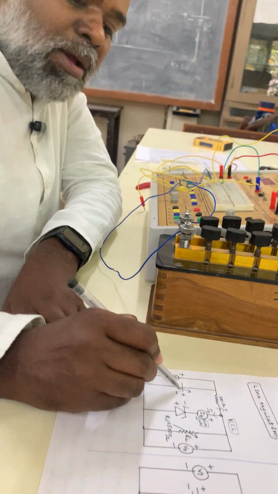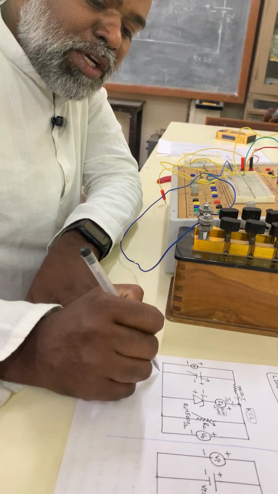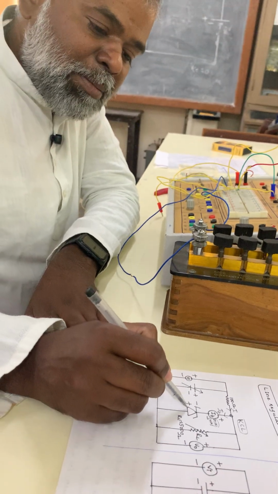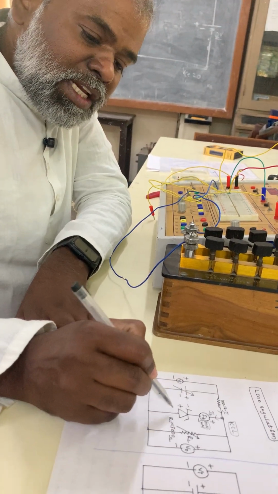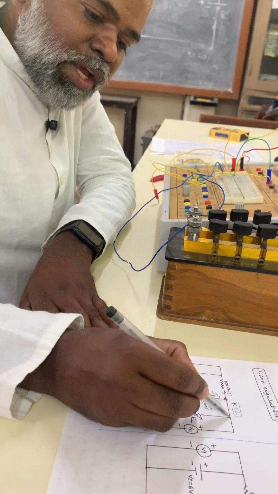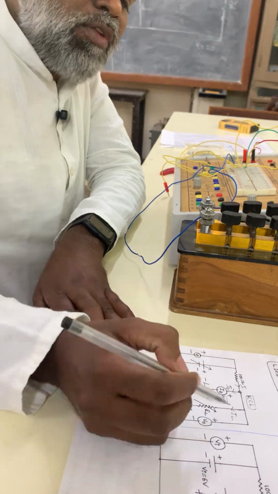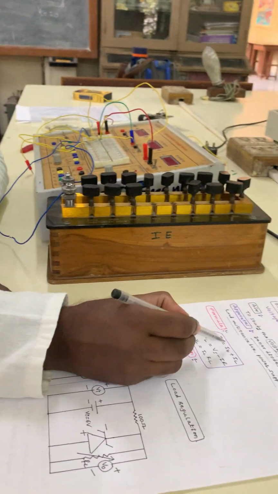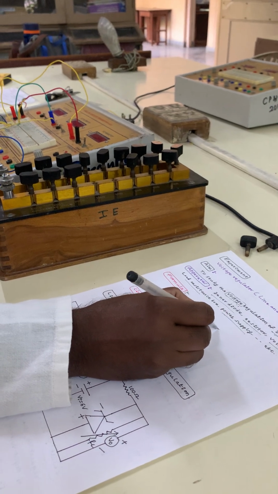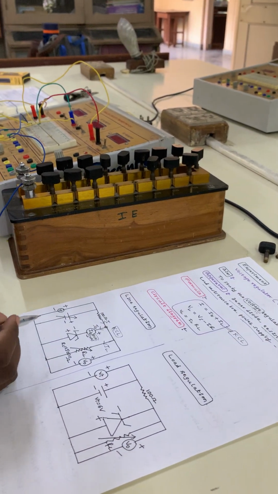Reverse bias means the battery positive terminal is connected to the Zener diode negative, and the battery negative terminal to the Zener diode positive terminal. Such a connection we call Zener diode reverse bias. Some more current is also going, that is the load current IL. From the diagram, I is equal to IZ plus IL.